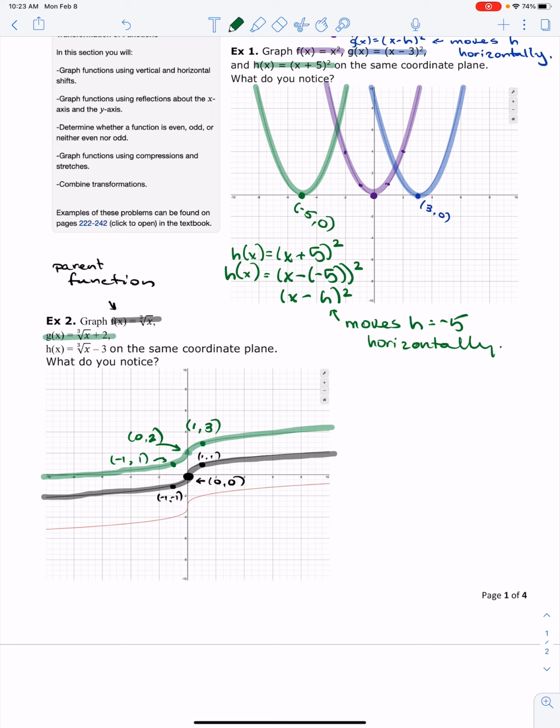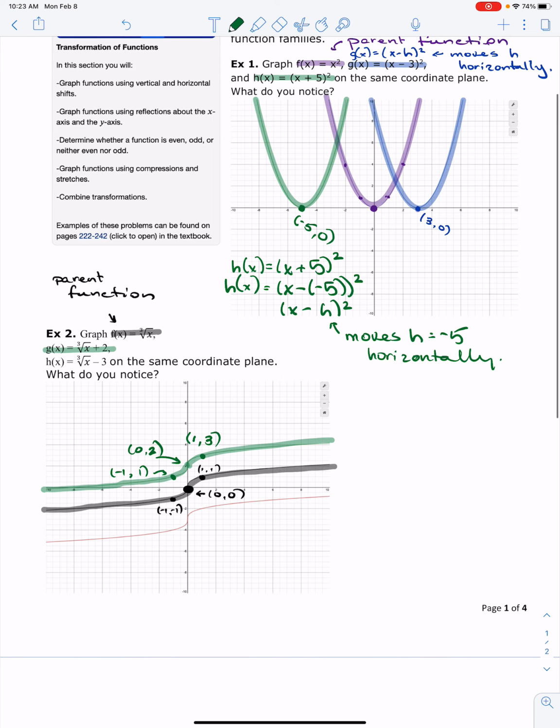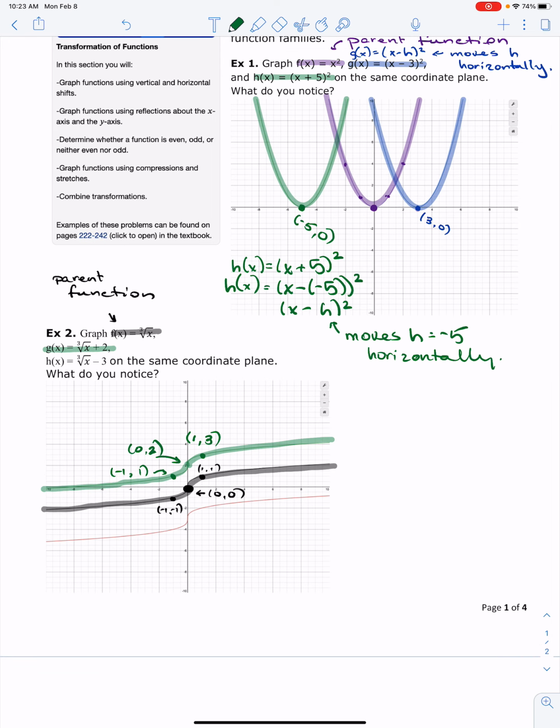So that plus 2 after the fact is going to be a vertical transformation, a vertical shift, a vertical translation. Okay? So the way we're looking at this is g of x equals our f of x function plus 2.